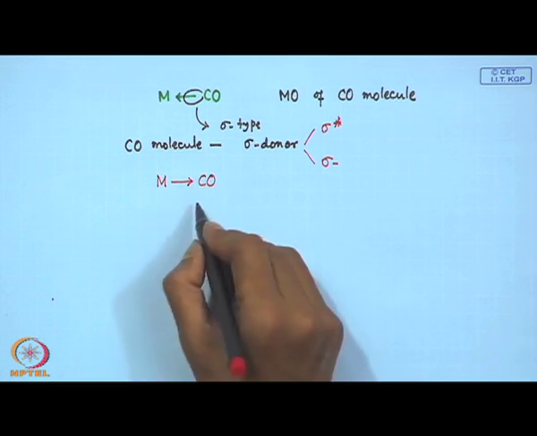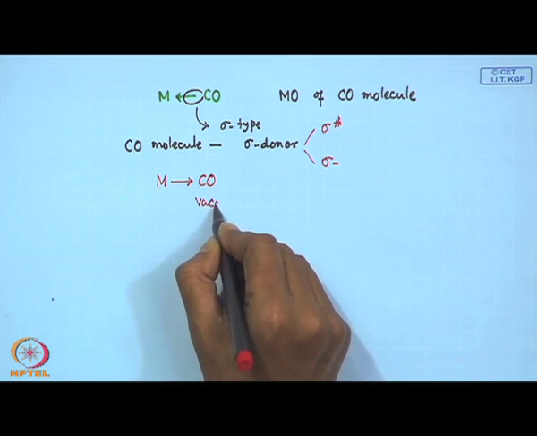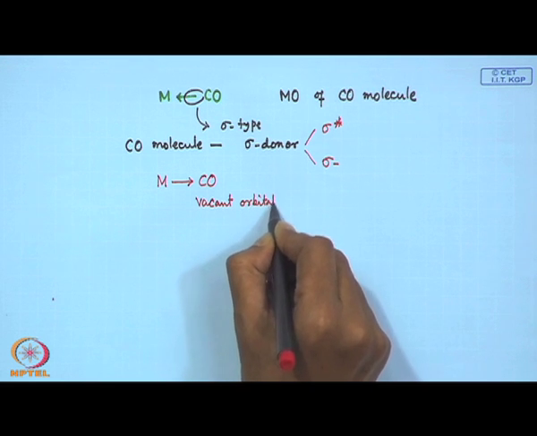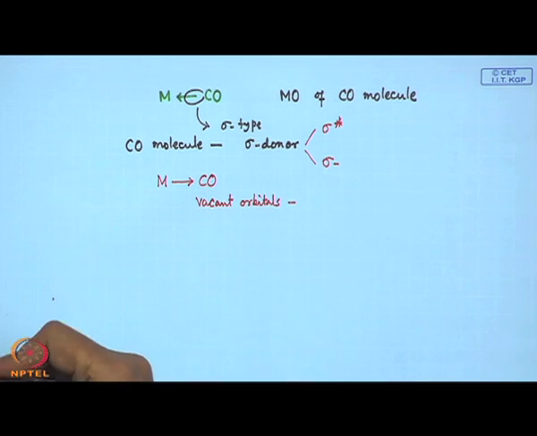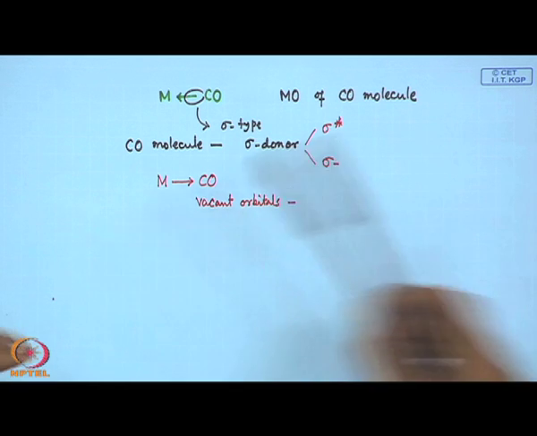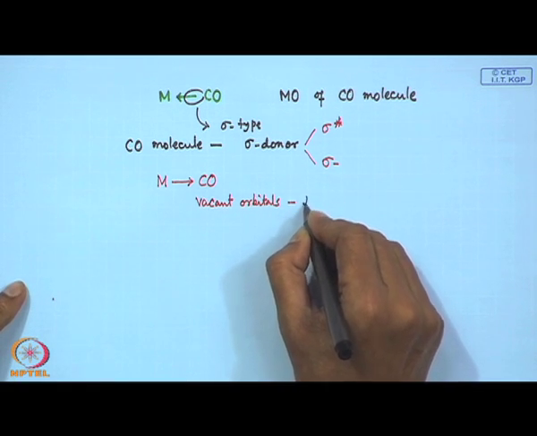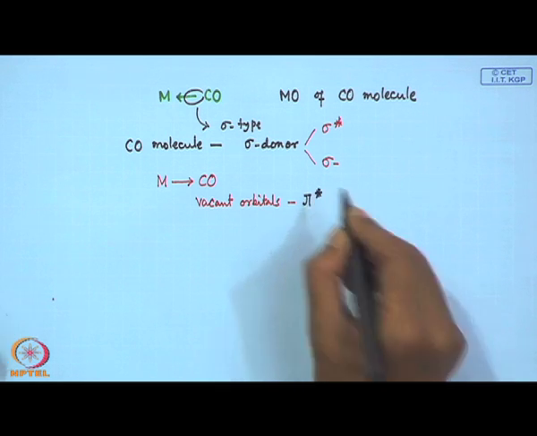So, we have some vacant orbitals, and now we know what those vacant orbitals which can be utilized as a good acceptor orbital are: our pi star orbital.